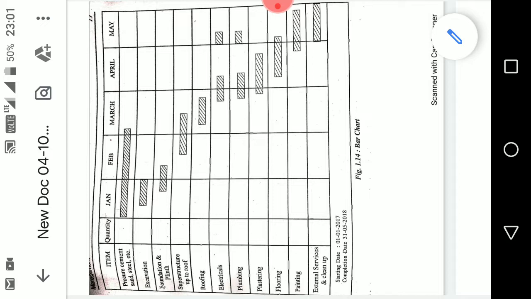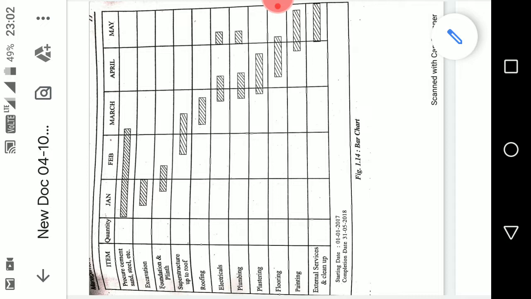So this is about bar charts, but there are certain limitations of bar charts. They can be used only for small projects, because large projects like infrastructure projects will have thousands of different activities, so it is difficult to use them in such infrastructure projects.